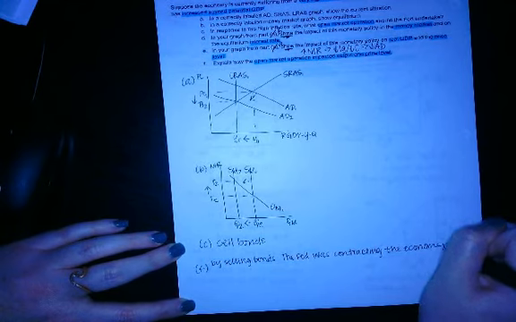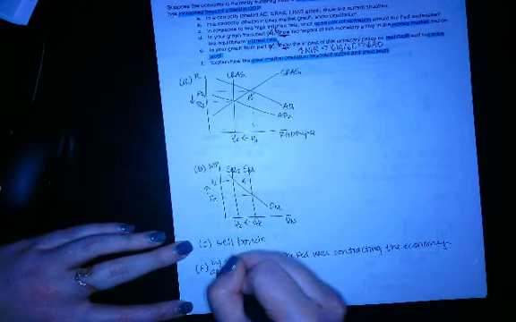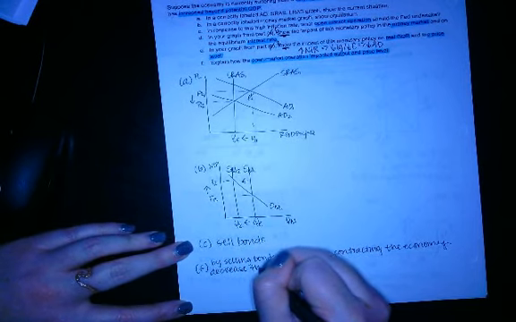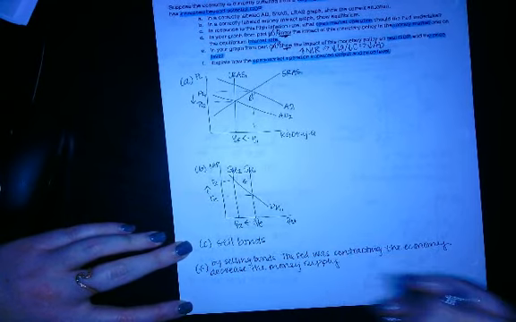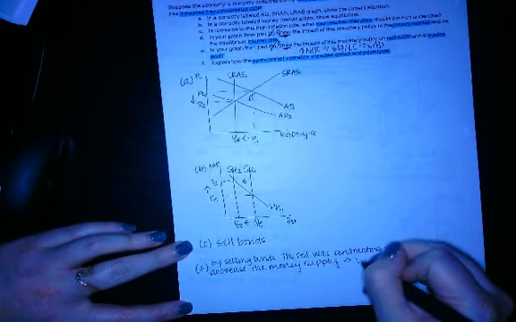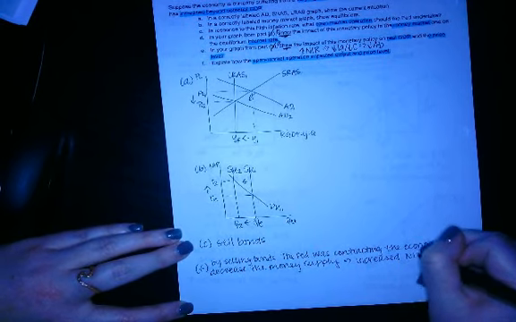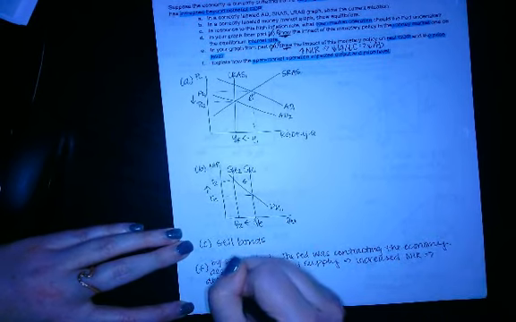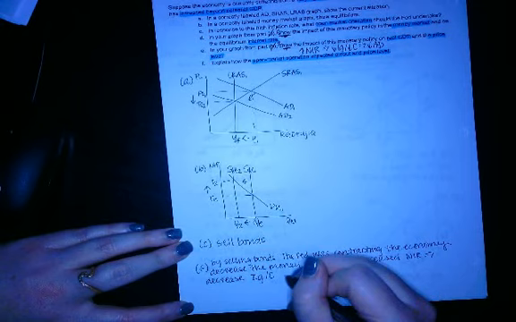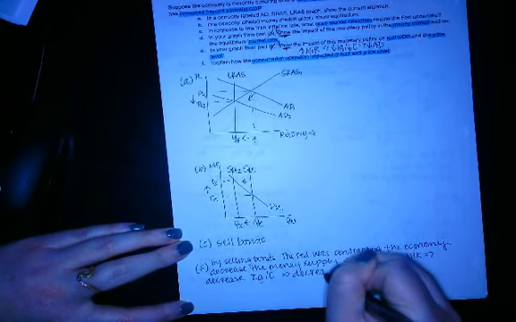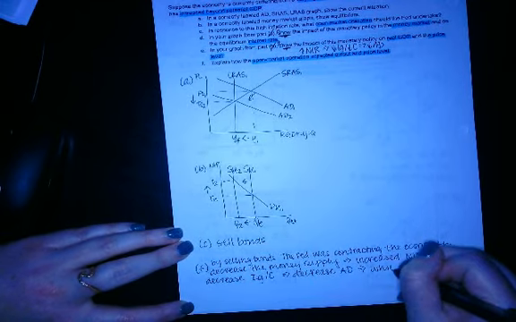Okay, so it's contracting the economy. So it needed to decrease the money supply, which increased our nominal interest rate, which will decrease IG and C, which will decrease AD, which returns output to potential.